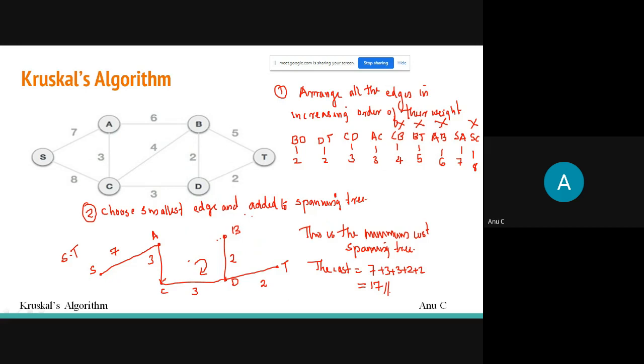If a circuit is formed, discard that edge. Otherwise, add it to the spanning tree. Then this process is repeated until all the edges are chosen or there are n minus 1 edges in the spanning tree. So here the number of vertices equals 6 and the number of edges equals 5, right?